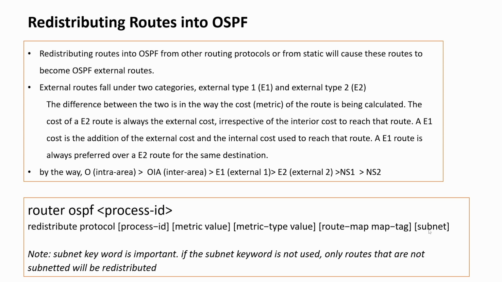The last parameter is called subnets. That's important for OSPF. If the subnets keyword is not used, then only routes that are not subnetted will be redistributed. For OSPF, most routes are subnetted, so you must use the subnets keyword.